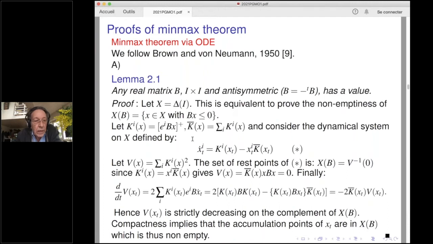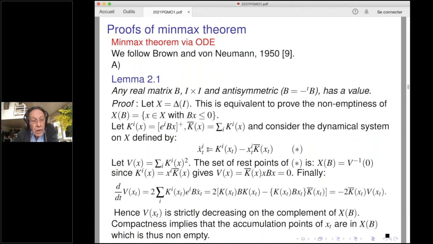I introduce K_i of X, which is the positive part of this quantity. So e_i is the vector where the only non-zero component is the i-th component, which is 1. And plus means take the positive part. K bar is the sum. And I consider the dynamical system on X, which is defined by this equation.